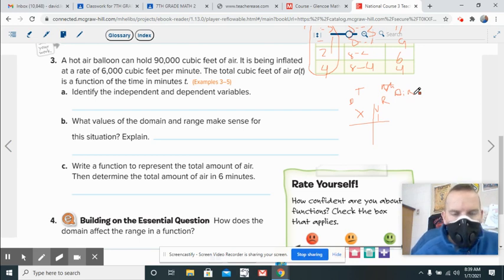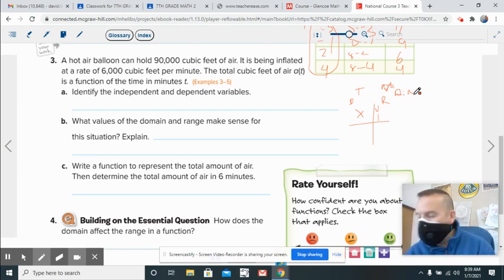So what values of the domain and range make sense? Well, any number for time. First of all, can time be negative? No. So the range and domain, anything that makes sense, the numbers have to be positive.